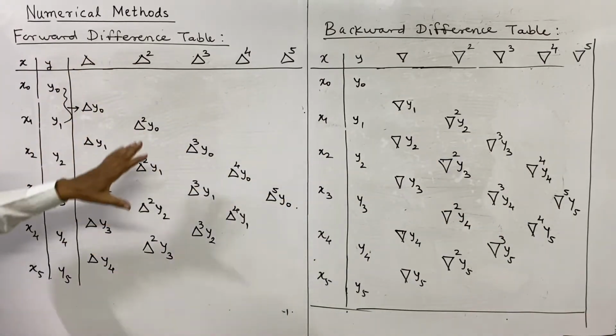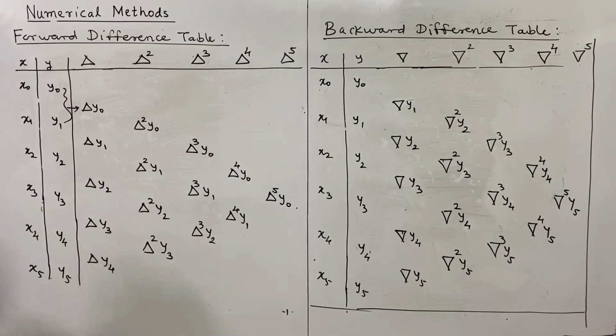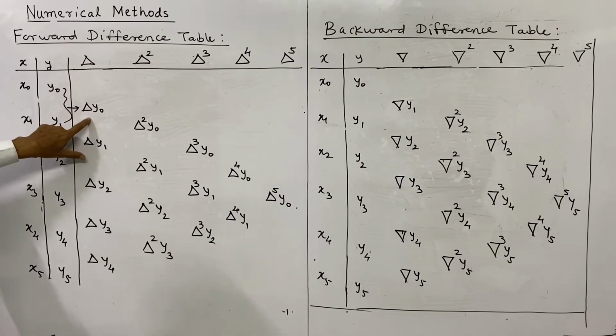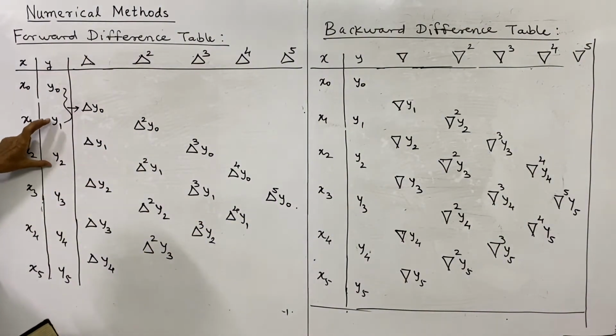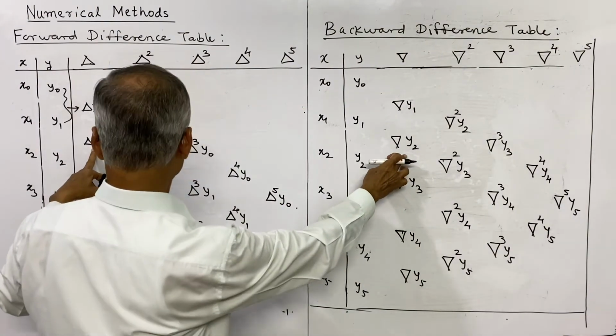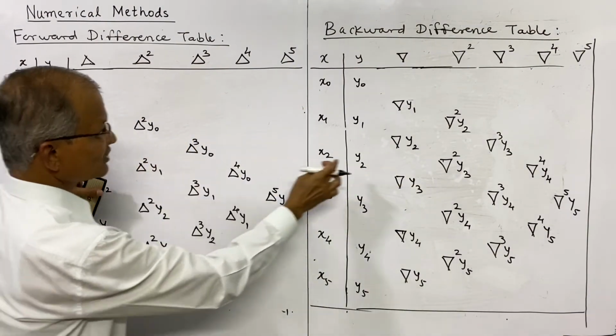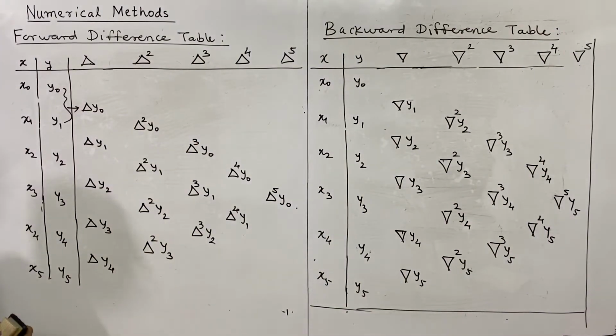You see, this is the backward difference table and this is the forward difference table. Actually the values will be the same. So this is the difference y1 minus y0, that is delta y0. Here we have written del y1. This is the difference y2 minus y1. Here we have written delta y1, which is the same as del y2.